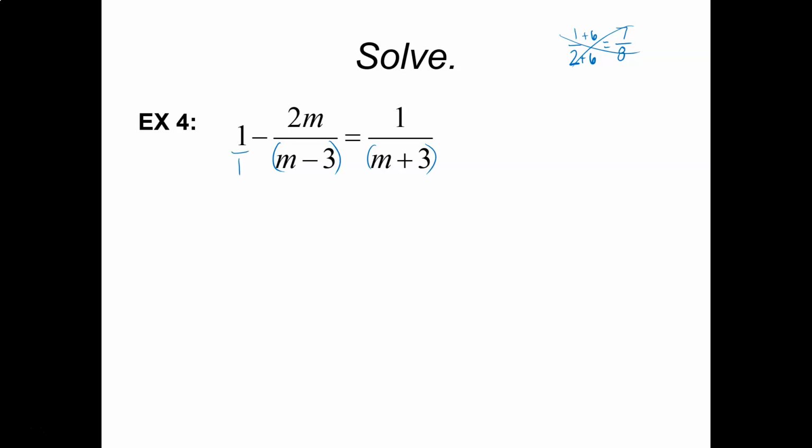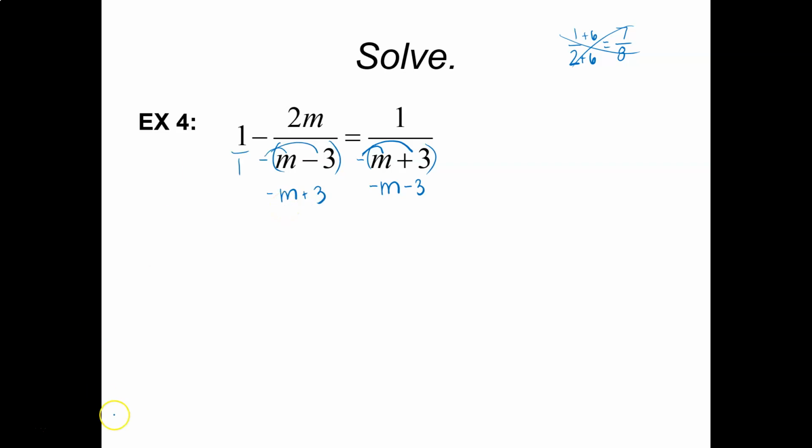You can, but if you multiply by a negative, let's say I multiplied this one by a negative, I've got to distribute the negative to both terms. So it will give me negative m minus 3, which is not the same as the other one. And then you might think, well, multiply this one by a negative. Well, if you do that, you got to distribute, negative m plus 3. Still, they don't match, right?